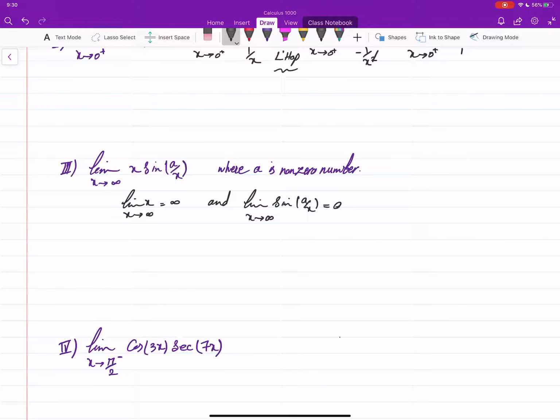Sine of 0 is 0. So we have infinity times 0 case, which is product indeterminate form.